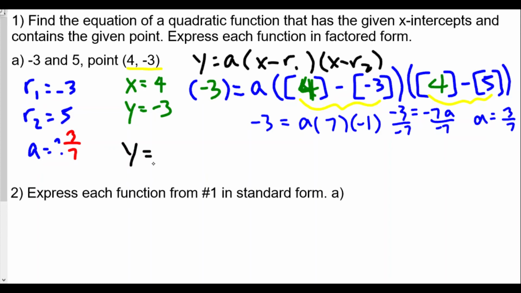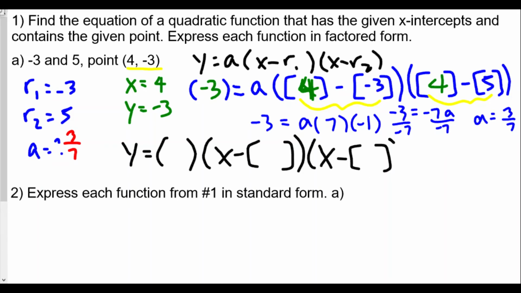Y is equal to, because we're leaving x and y alone, a times (x minus r1) times (x minus r2). And a we said is 3 over 7, and that's okay to have a fraction like that. R1 is -3.